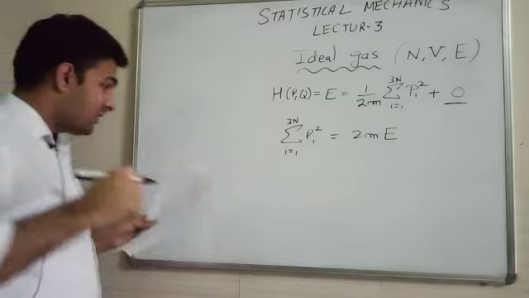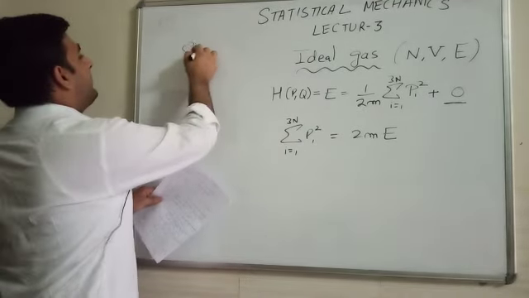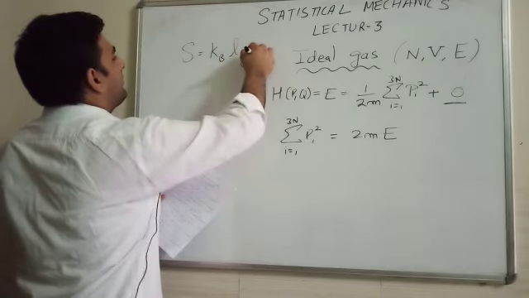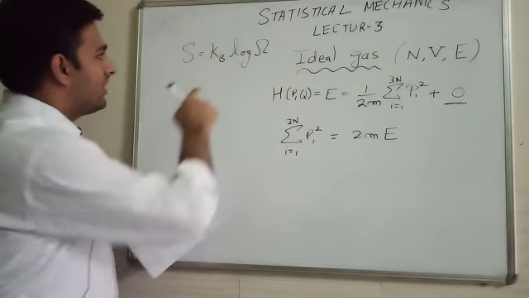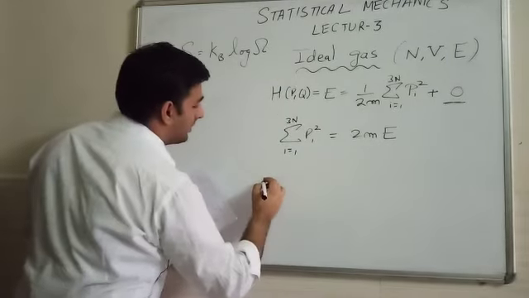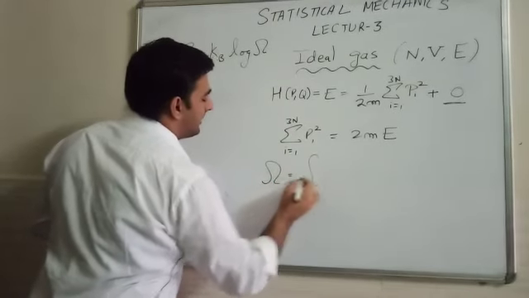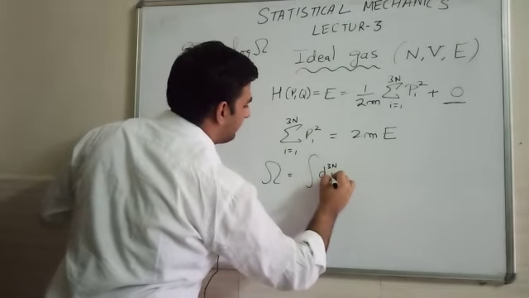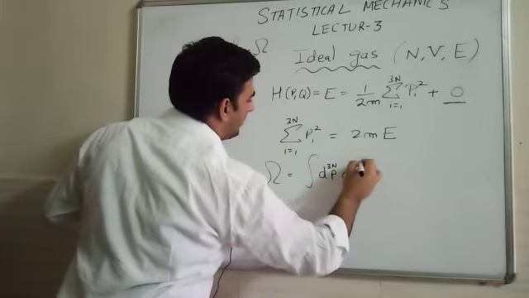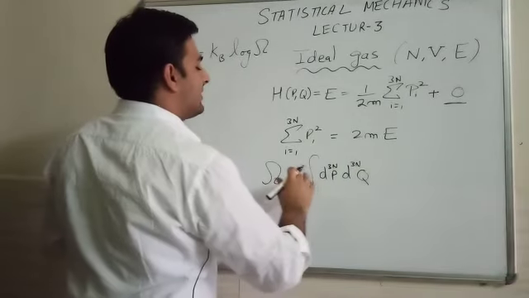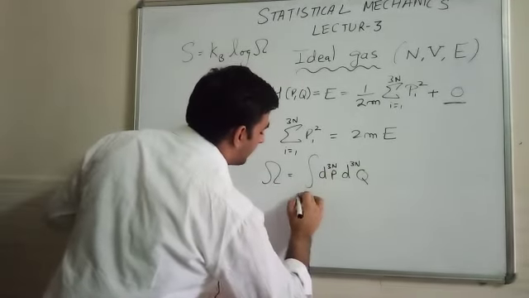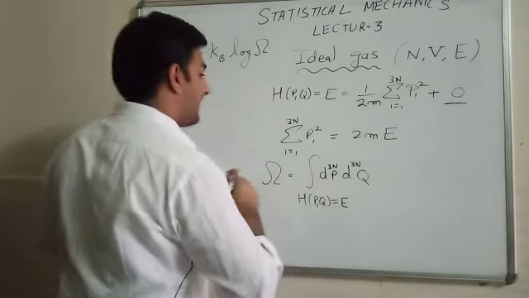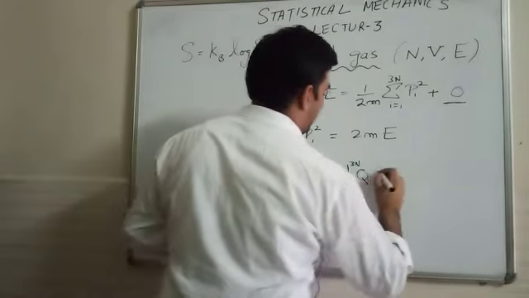Now I stated that the entropy is equal to k_B times the natural log of the number of microstates. Now we will calculate omega. Omega is equal to the integral d3N p d3N q, and not every (p,q) value, but all those values where the Hamiltonian has the energy E. Now we can separate those out.